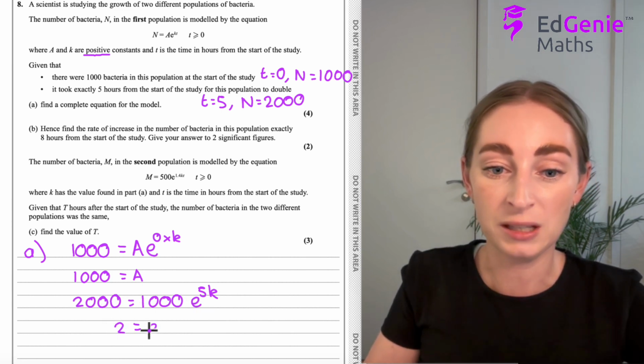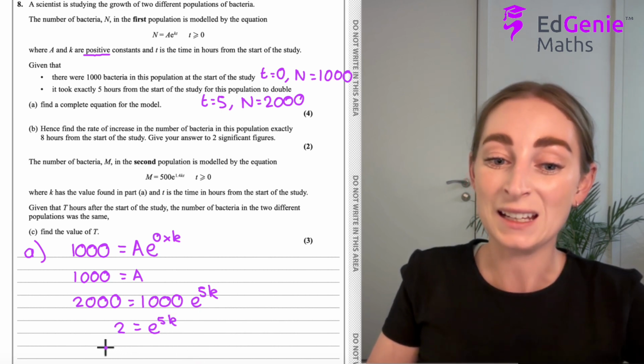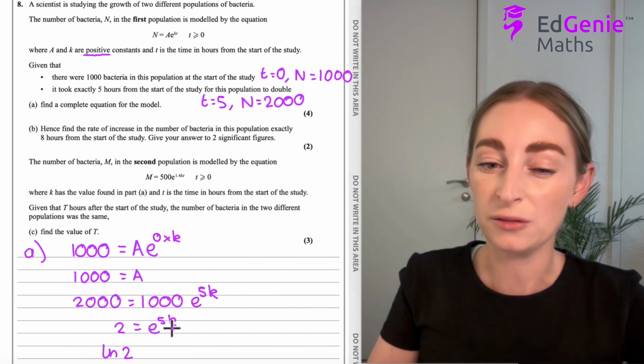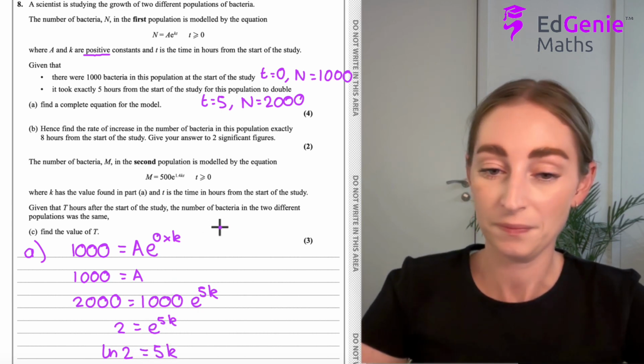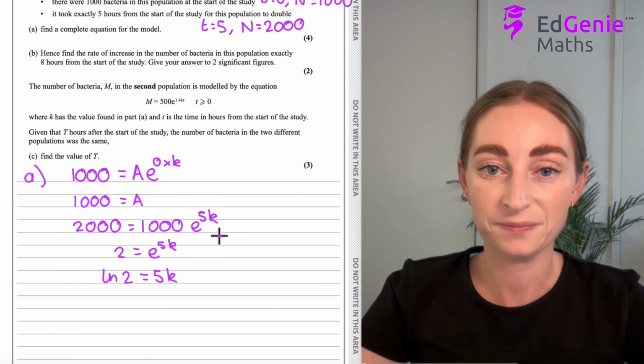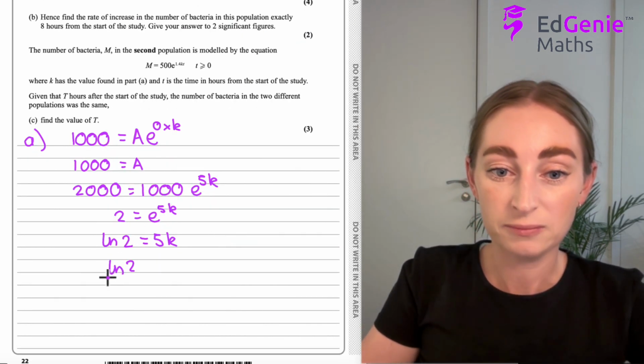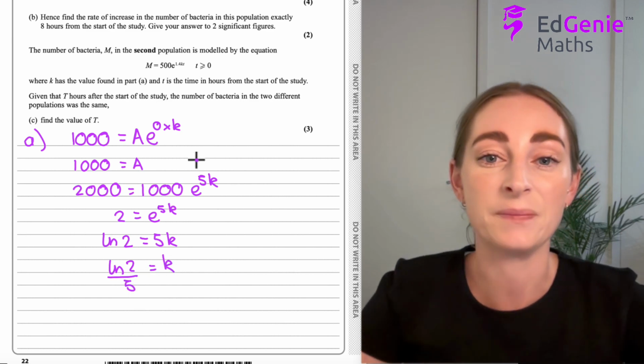So 2 equals e to the power of 5k. Let's take logs of both sides. Remember, when you take logs of an exponential, that cancels out. Scroll down. Divide both sides by 5. And that's going to give us our k.